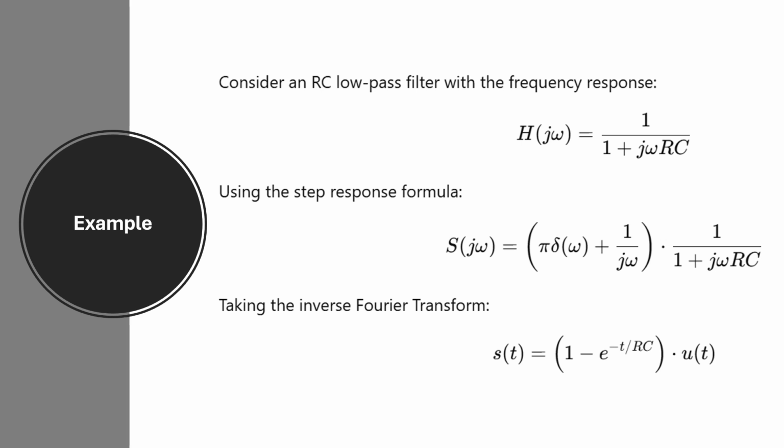So similarly, we can find out the step response or the impulse response for any function having the frequency response H of j omega by using the same technique. If the output is y of t, then Y of omega in the frequency domain will be the product of U of omega, or any input, into H of omega.